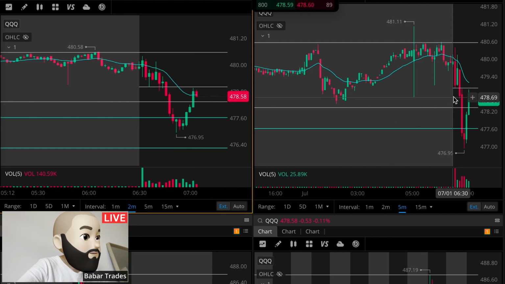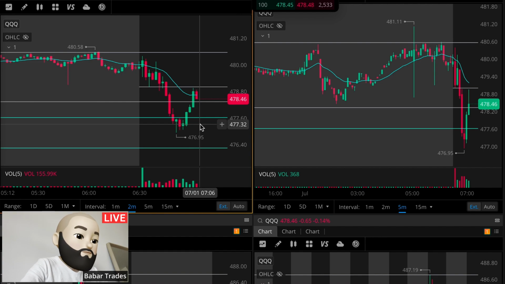I'm going to take a look and see how this 5-minute closes. And if we get another green candle here, I'm not going to take the short trade. If we do start getting lower, below 478.50, I'm looking to get into this trade. Just going to mark some levels here.